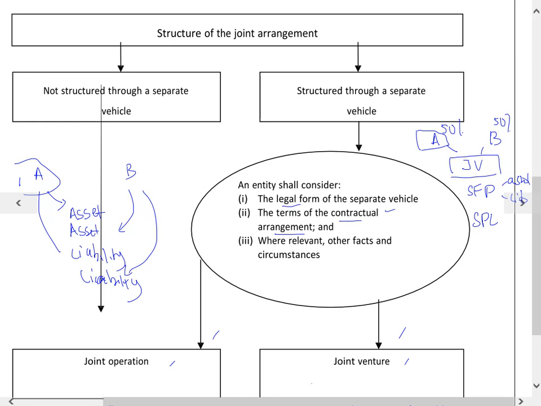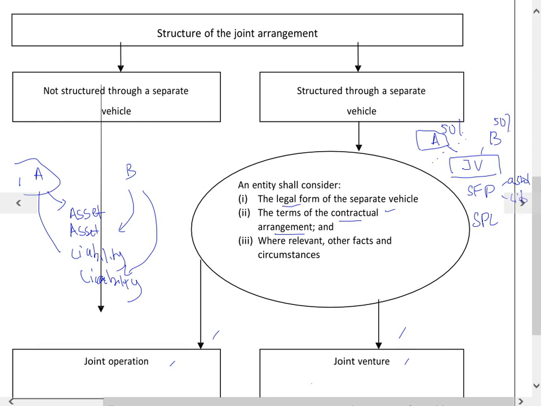All you have is the right to the company only. Do you have individual right to the specific asset? No. It's a separate company. I repeat, A and JV are two separate companies. So all you have is only the 50% share in this company. Can you have a right to this asset or liability? No. It's actually owned by JV, not you.